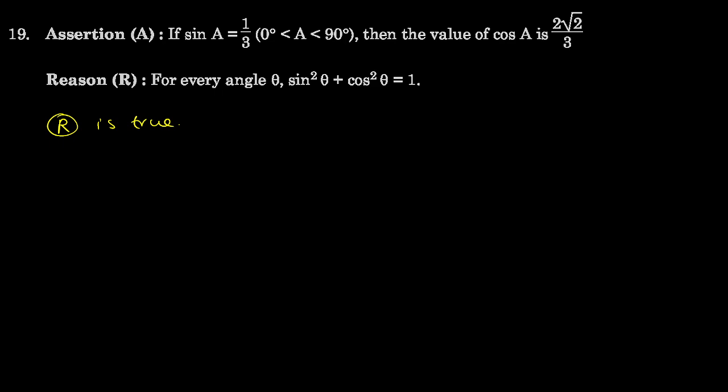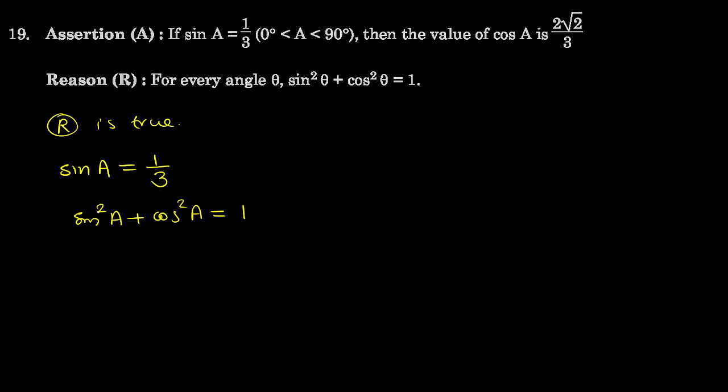Assertion says that sin A is equal to 1 by 3, and we have to prove that cos A equal to 2 root 2 by 3. You have studied that sin square A plus cos square A equal to 1. So we have an identity.